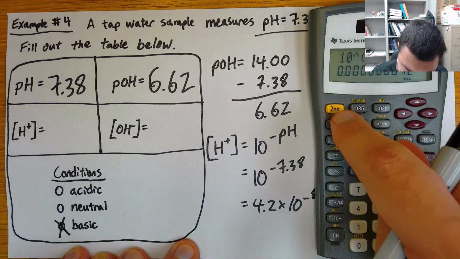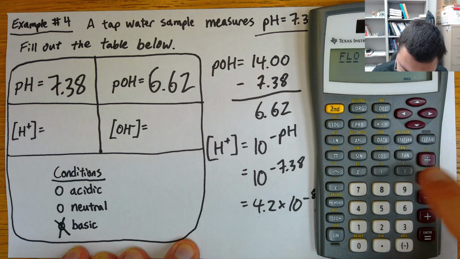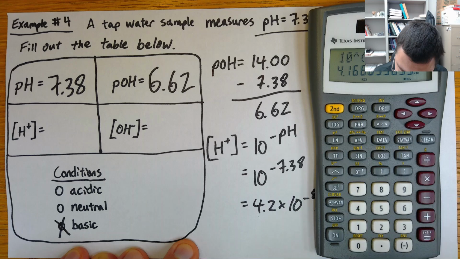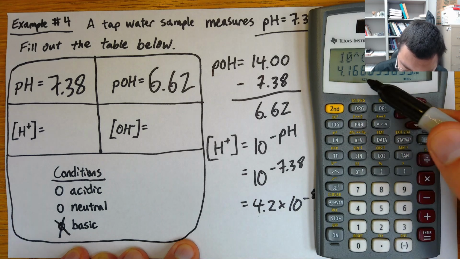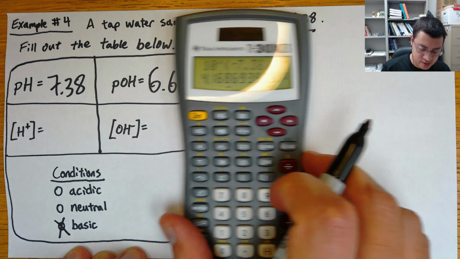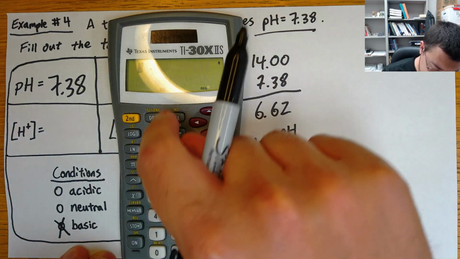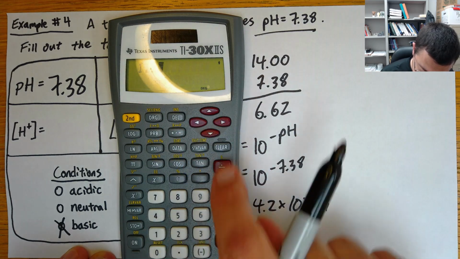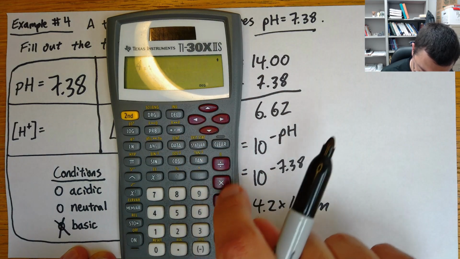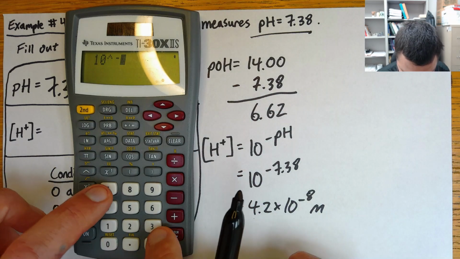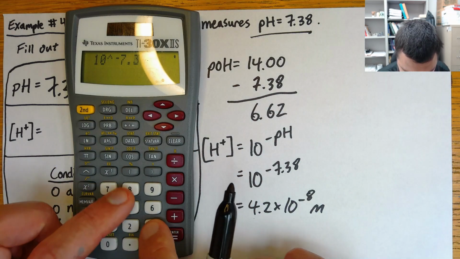Let's just double check that though. I'm going to use a scientific engineering switch button. I'm going to go to scientific mode. 4.168 blah blah blah. That was behind the scenes. Oh, no one can see that. Here, I'll do that one more time. 10 caret negative 7.38.